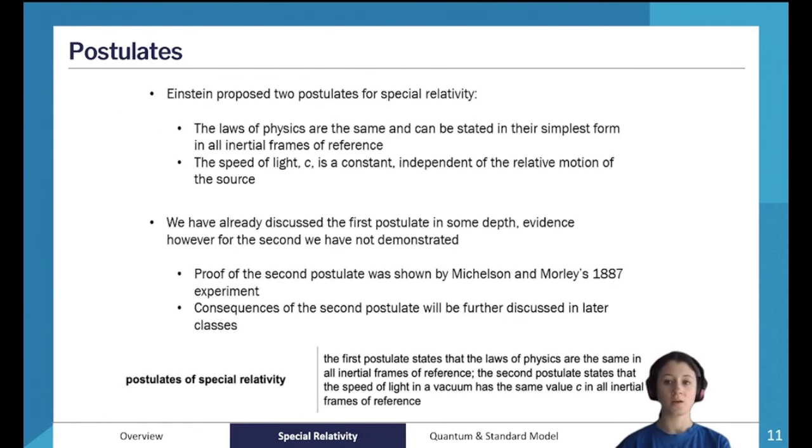So, next we're going to have a look at Einstein's postulates. So, Einstein proposed two postulates, and these are important to remember because I have seen exam questions where they just ask you what were Einstein's postulates.